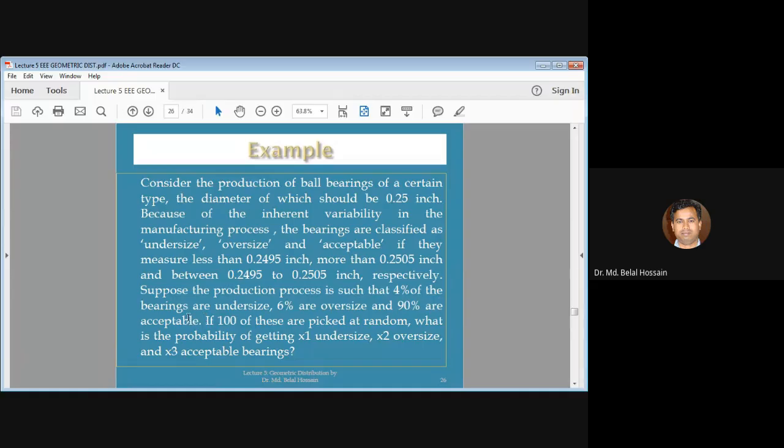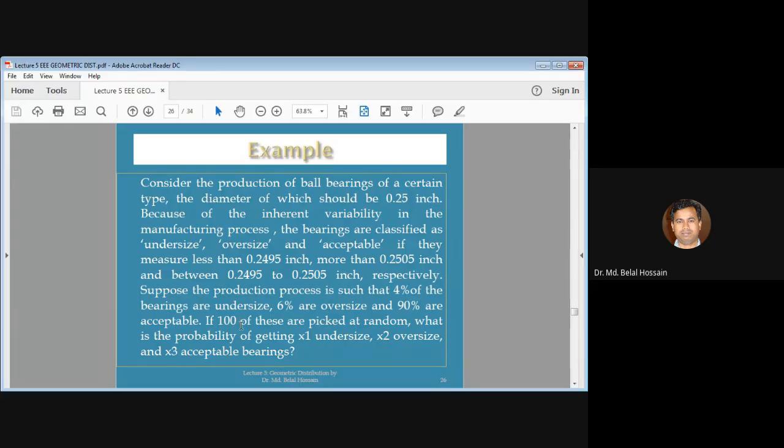And 90% are acceptable, that means your third probability p3 is 0.90. If 100 of these are picked at random, so this is n.